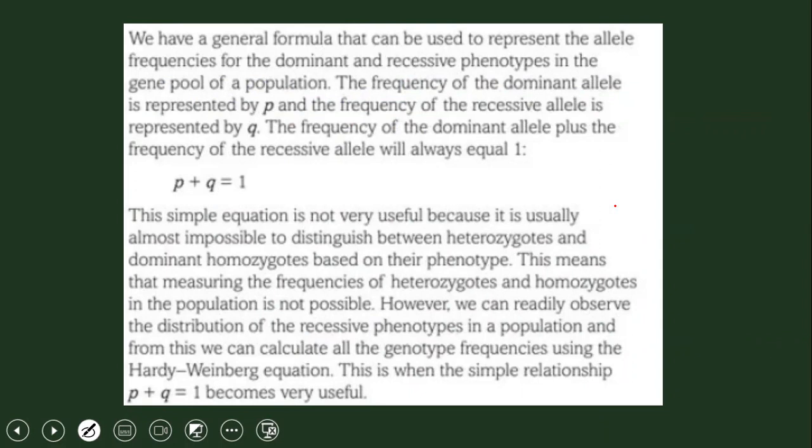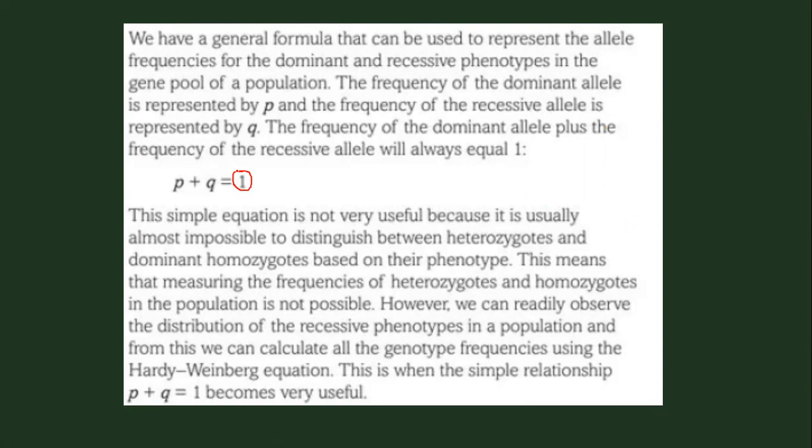It will tell you what proportion of the individuals carries a certain allele, and we usually express it with the total as 1, right? So we take the total as 1.